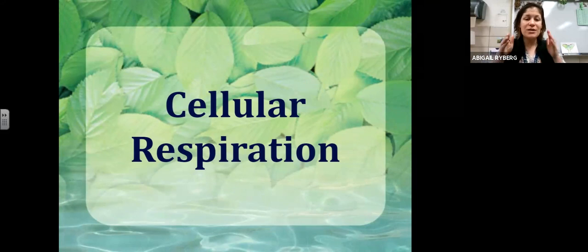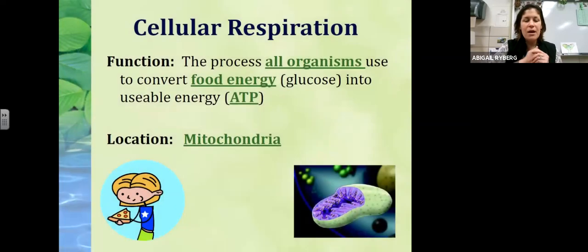What we're going to learn today, most people have no clue happens: how our body actually takes food energy and produces cellular energy. The process is called cellular respiration. Cellular respiration is the process that all organisms use to convert food energy in the form of glucose into a usable energy, which we know is called ATP.